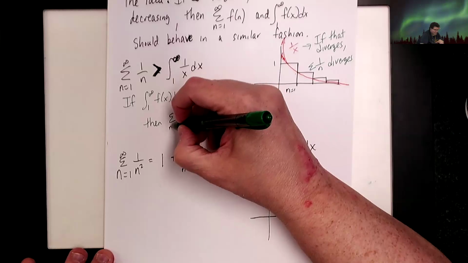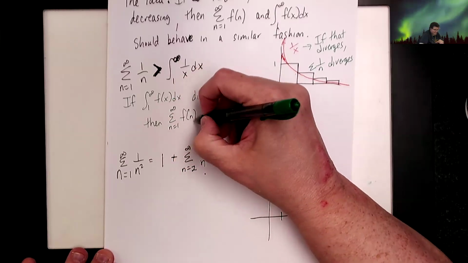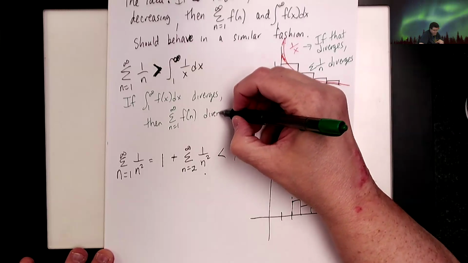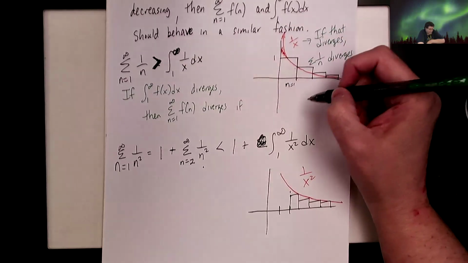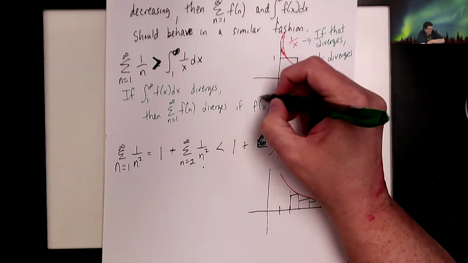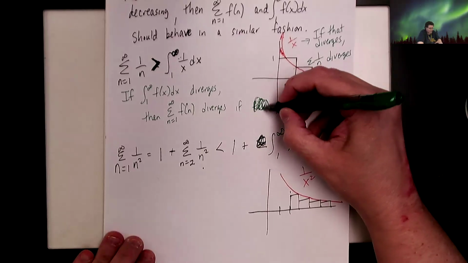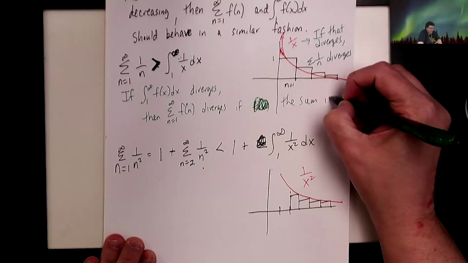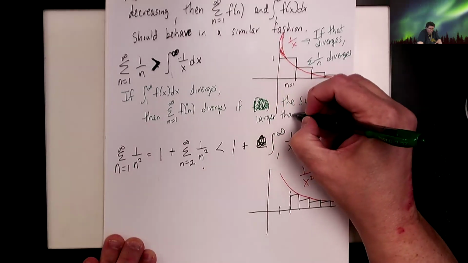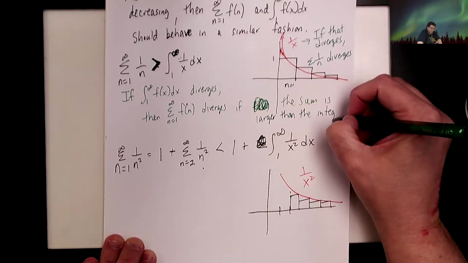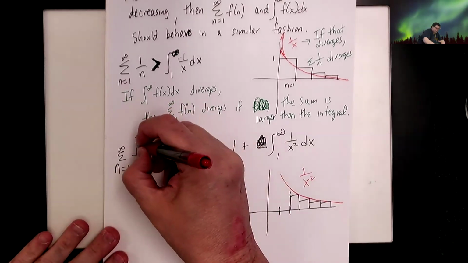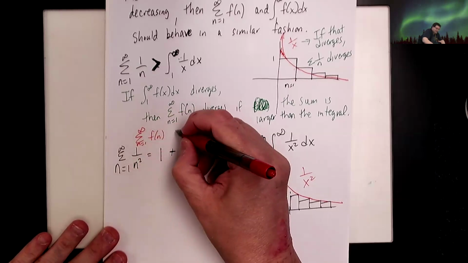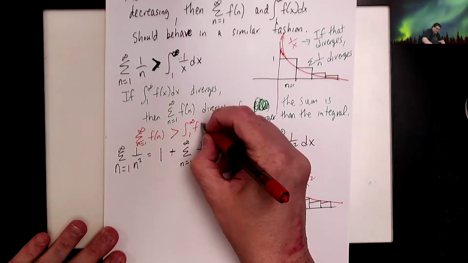Then the sum from n equals 1 to infinity of f of n diverges, if this scenario holds true, if the sum is larger than the integral, i.e. the sum from n equals 1 to infinity of f of n is greater than the integral from 1 to infinity of f of x dx.